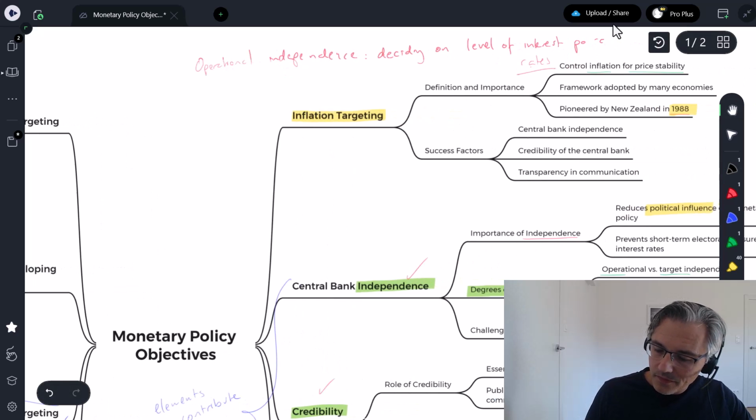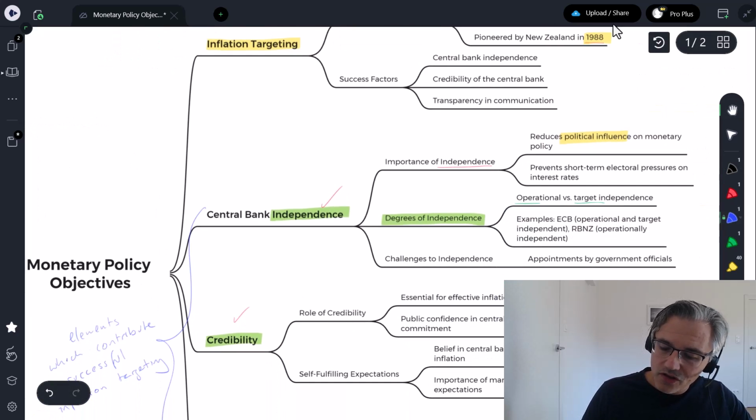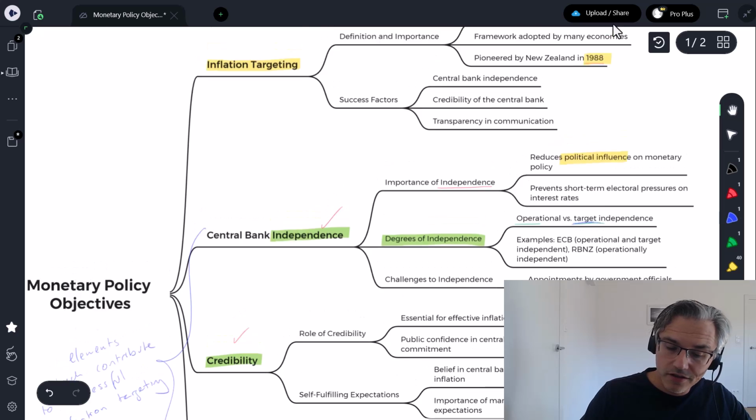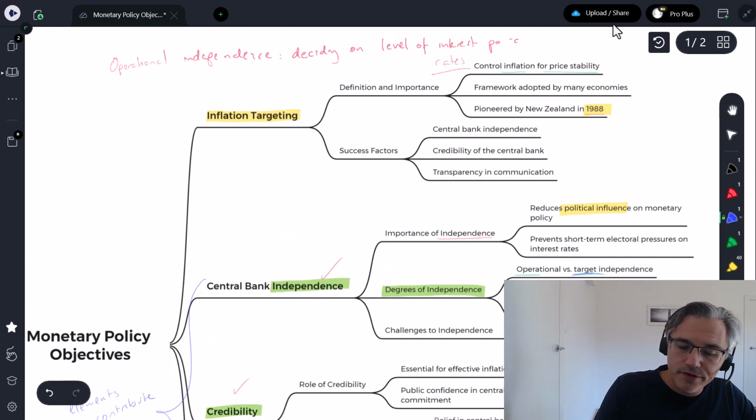However, some banks also enjoy a higher level of independence known as target independence, and that's a deeper concept.